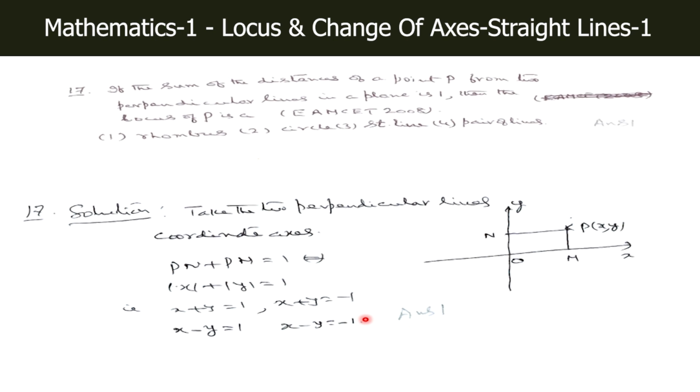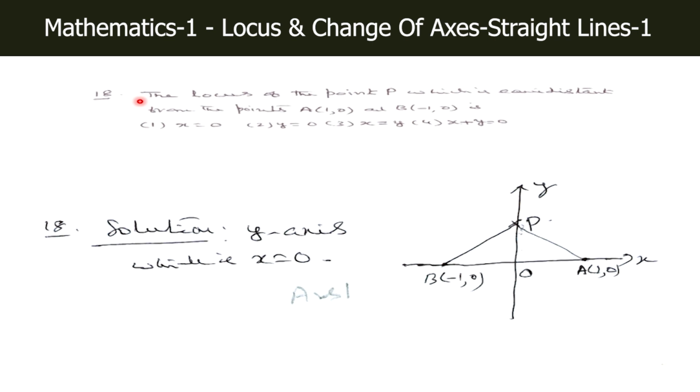These lines form a rhombus whose diagonals are the x and y axes. So, the answer is number 1. So, question number 18.